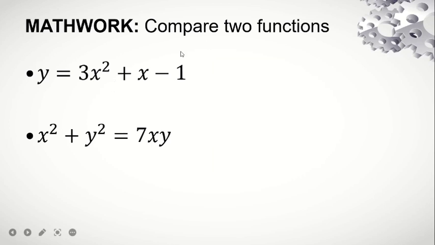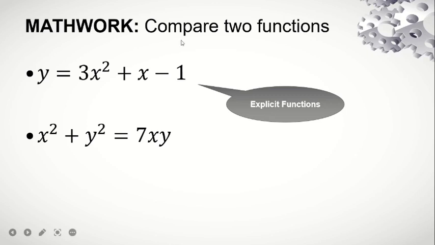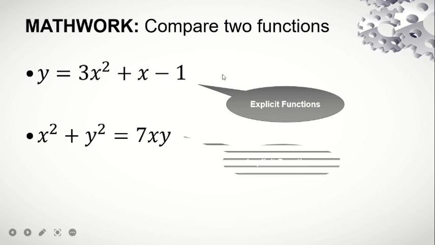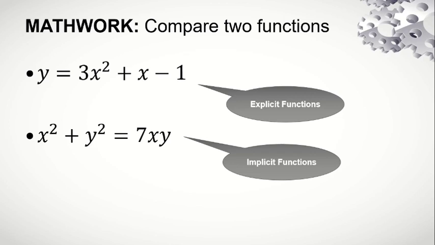As you can see here, we have only the y variable on the left side. In the second one, we have variables on both sides. So the first is called an explicit function, and the second is called an implicit function. Just like in sentences, the explicit one is direct, because it is easy to find. In the implicit one, we have two.